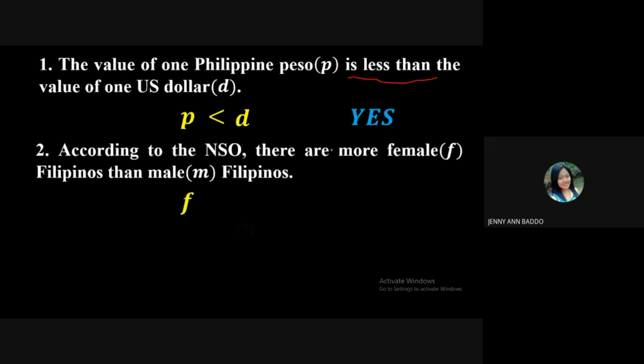So we have F and M. It says there are more female, so it should be F is greater than M. So again, this is a linear inequality in two variables.